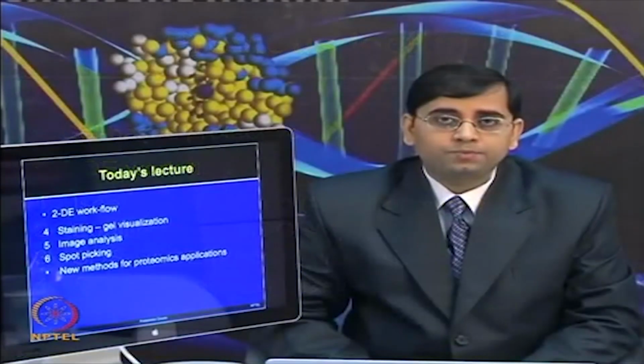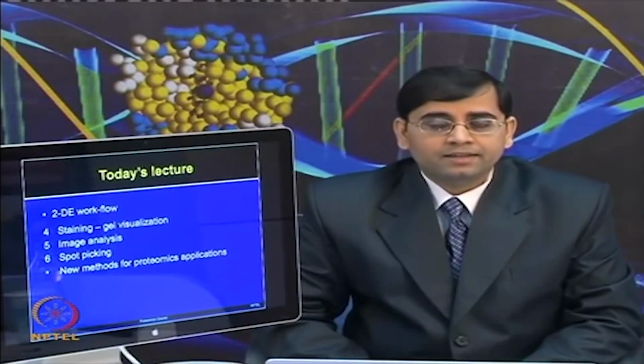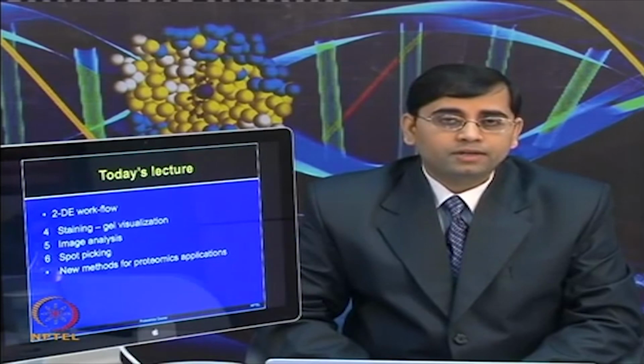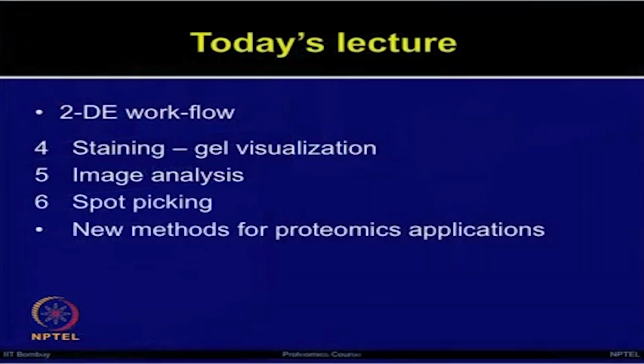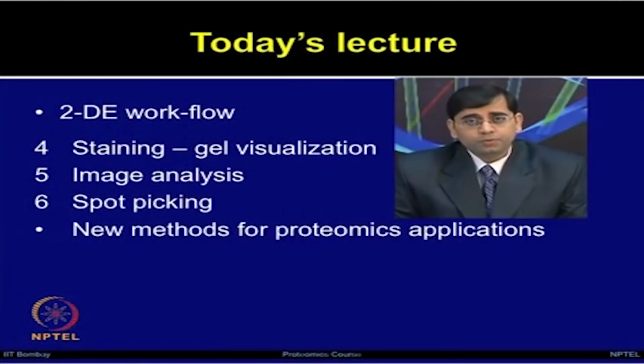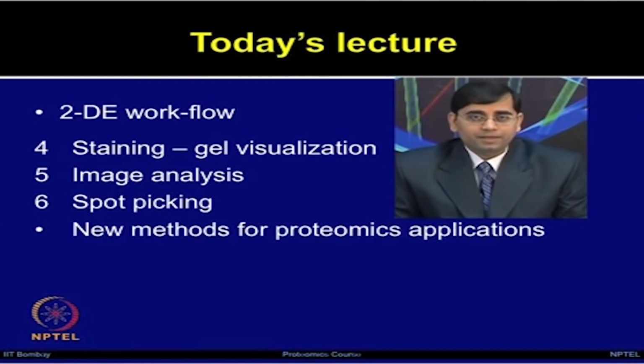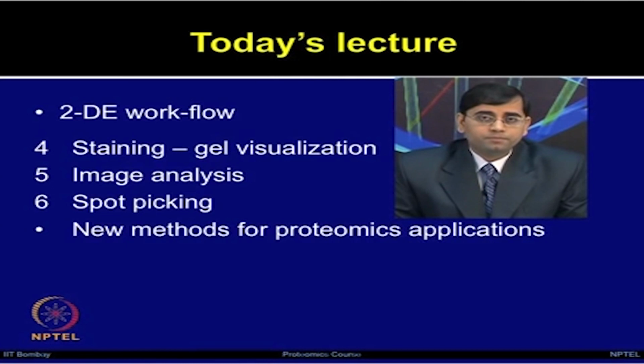I will describe some more sensitive stains and stains used for different applications such as SYPRO Ruby, Pro-Q Diamond, cyanine dyes. Each one of these is used for various unique applications. For example, the cyanine dyes are used in one of the advanced forms of gel electrophoresis, which is known as difference gel electrophoresis.